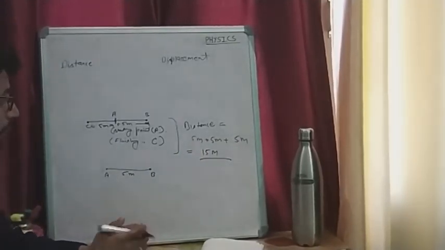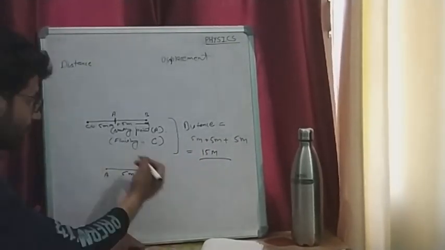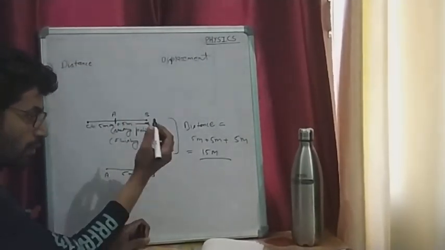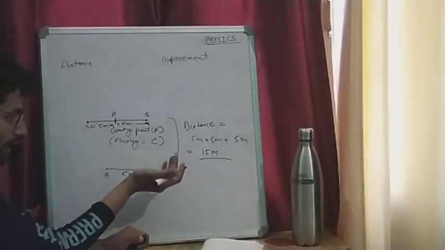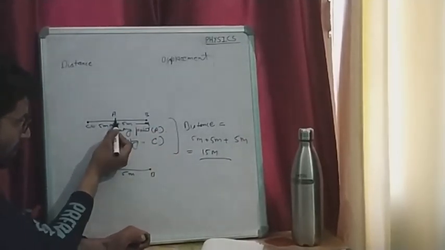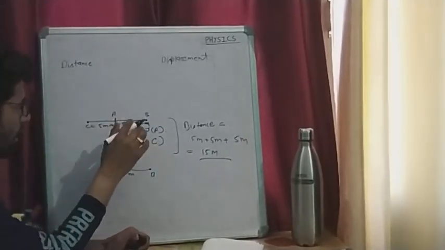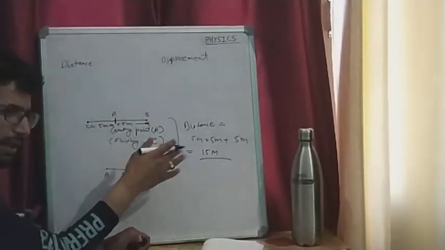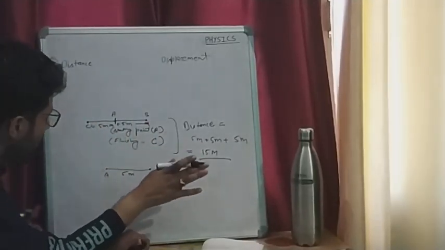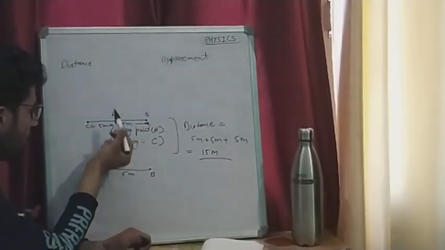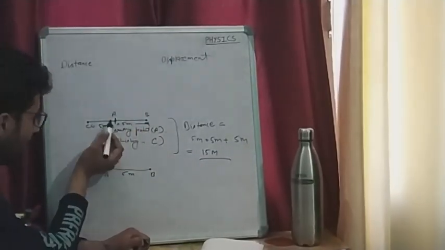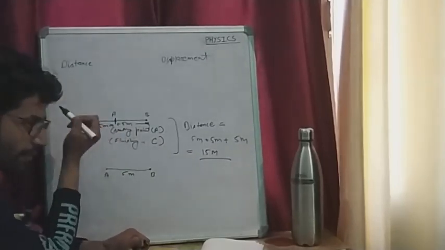Okay, and what about displacement in this condition? For displacement we should know the shortest path between its initial position and its final position. It doesn't matter what the path is. In displacement we do not consider the path. We see only where the initial point is and where the final point is. This is its initial point and this is its final point.